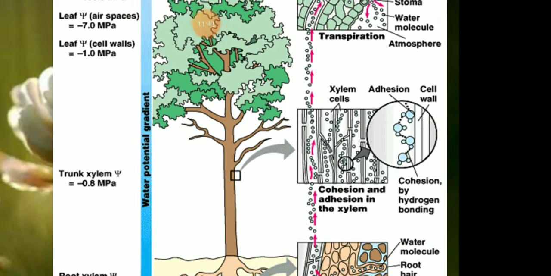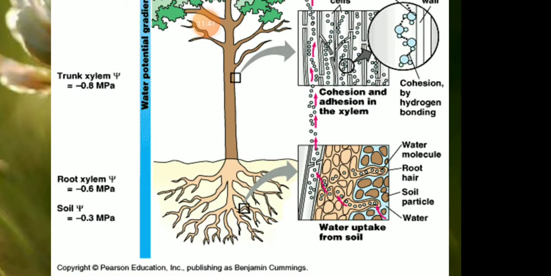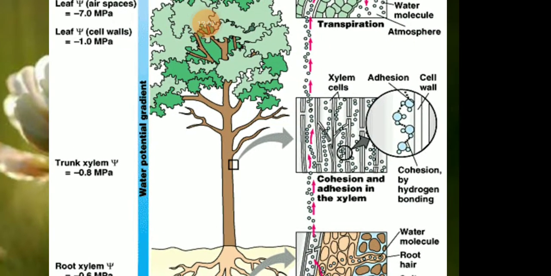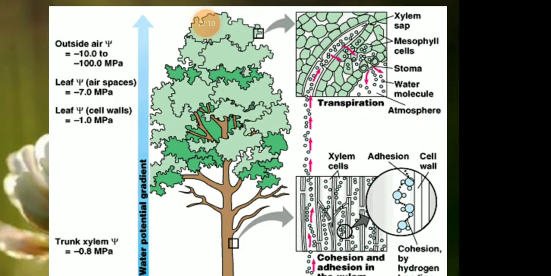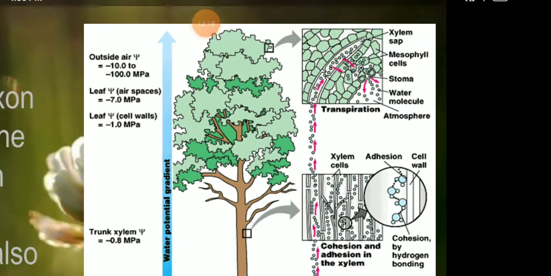So just look at this picture. The roots are in the soil, where the soil particles are there, and the root hairs will first absorb the water, and through that it goes to the main stream. Due to the cohesion and tension, the adherence of these water molecules, the upward movement in the xylem tissues takes place, and finally, due to transpiration in the upper portion, the inward movement of the water molecules occurs.